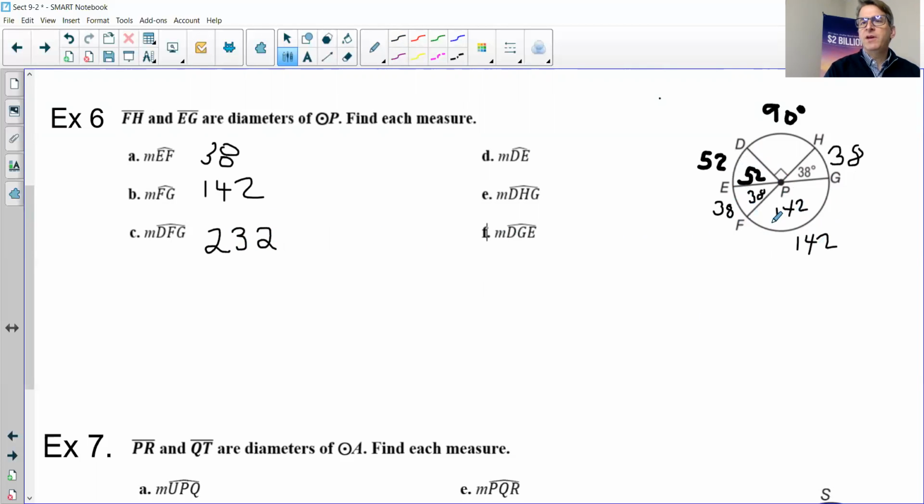The measure of DE: DE is 52. The measure of DHG is 38 and 90, which is 128.